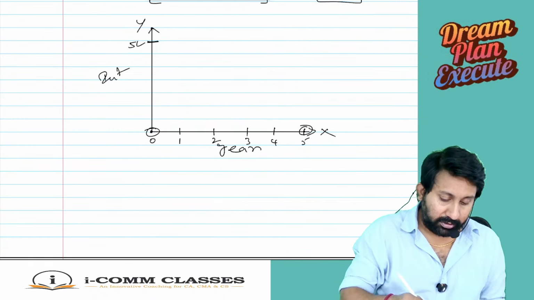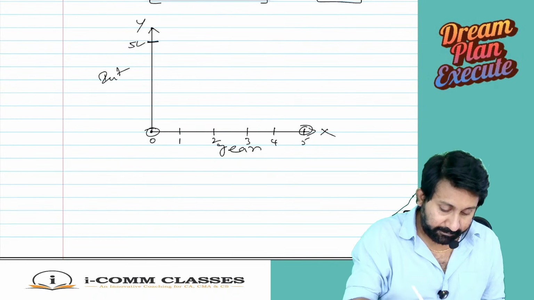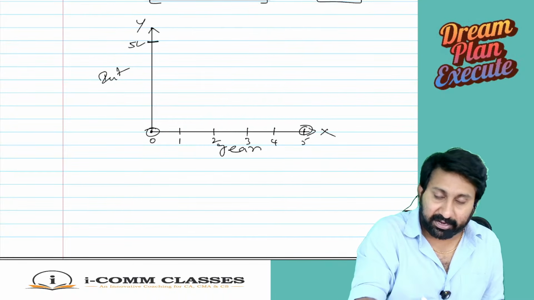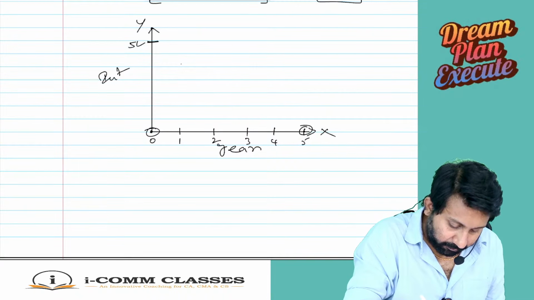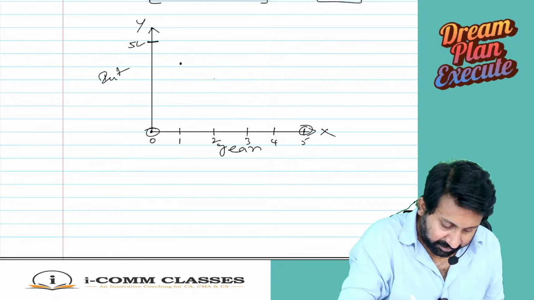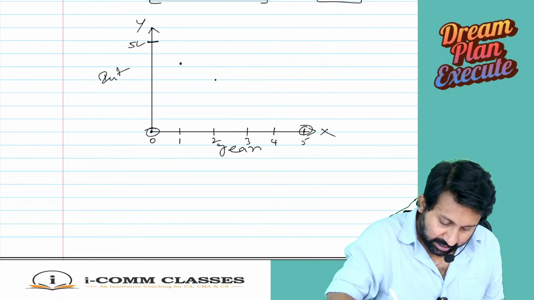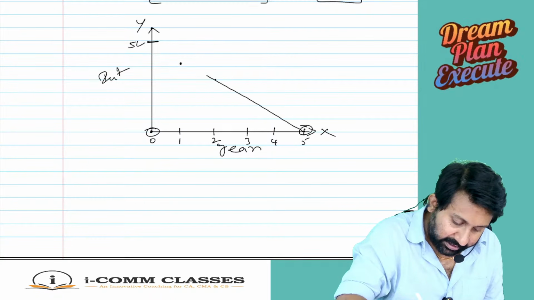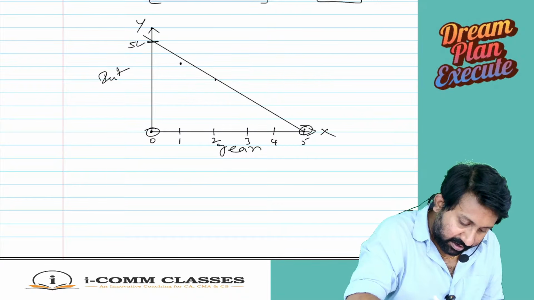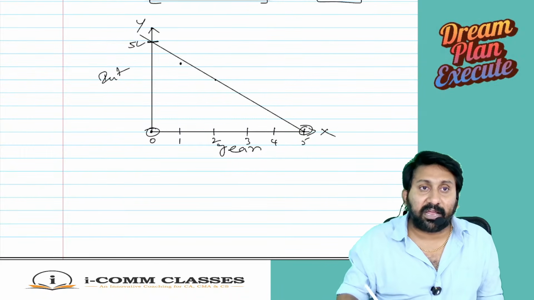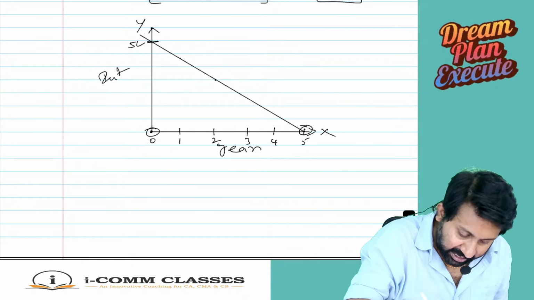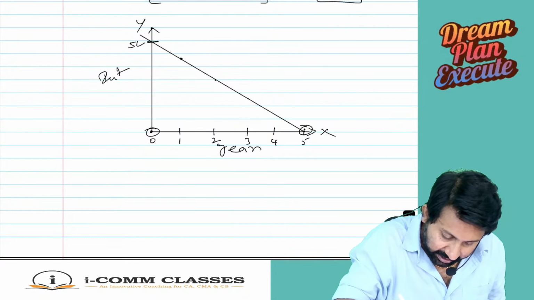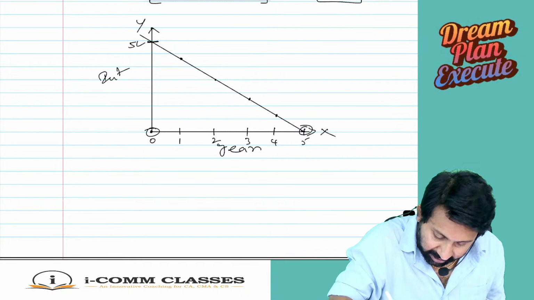Correct? So, can I draw a graph like this? Today, the asset value is 5 lakh. After 1 year, it is 4 lakh. After another year, 3 lakh. Like this, it will move and reach here. Correct, everyone? The points on the graph we kept randomly, but we can understand it as first year, second year, third year, fourth year, fifth year.